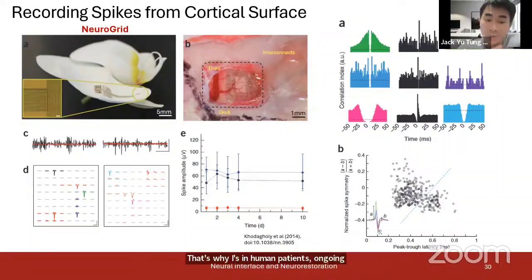So these spike signals could be spike sorted in pretty much the same way as traditional spikes recorded from intracortical arrays, as shown in this example on the bottom right image, where there are two distinct clusters of spikes with different spike asymmetry and peak-trough latency.